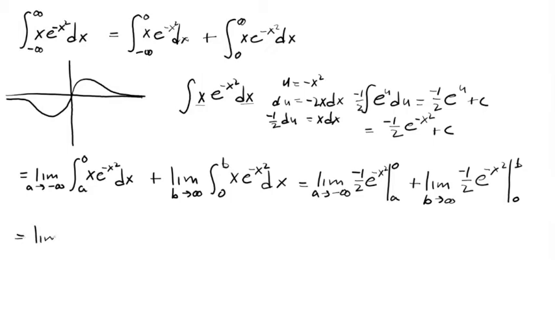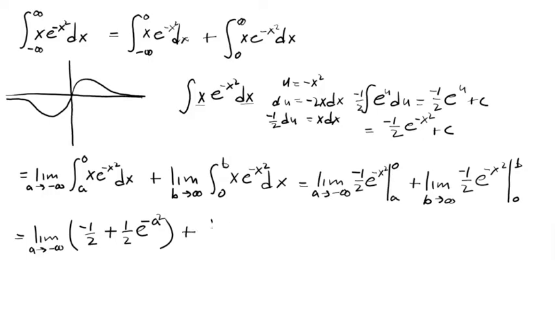So I've got the limit as a goes to negative infinity of, put in the top one, I get 0, so that means e to the 0 is 1, so I get negative 1/2, and then minus a negative, so that becomes plus 1/2 e to the negative a squared.